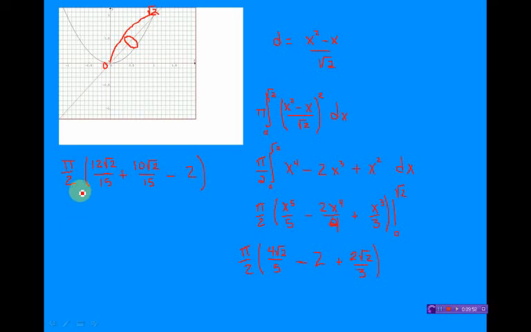We'll rewrite it like that. So if I distribute the pi through, I'm going to end up with 11 pi square roots of 2 over 15 minus pi as our volume.